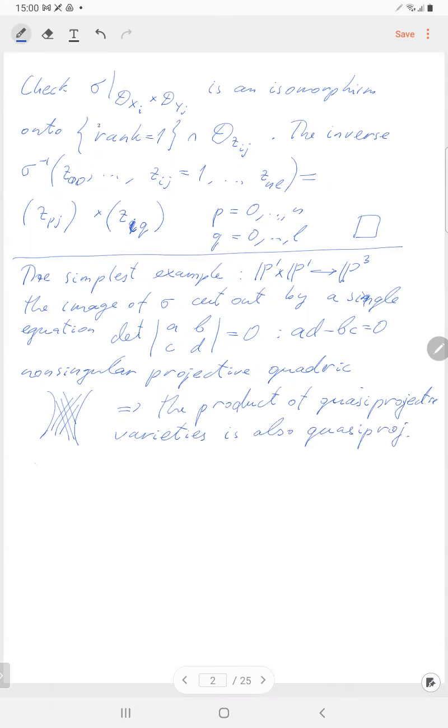Okay, and now let's go to another topic of separable varieties.